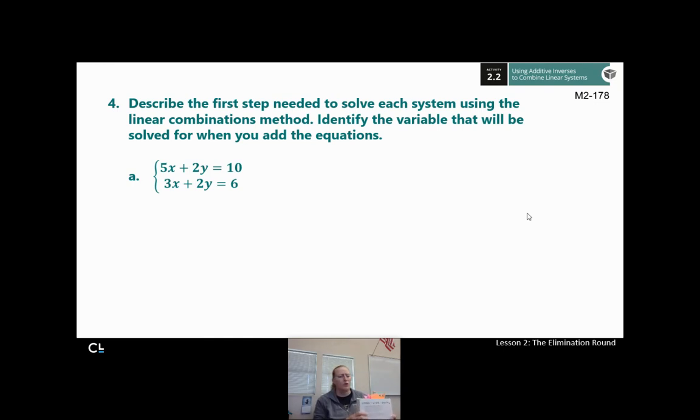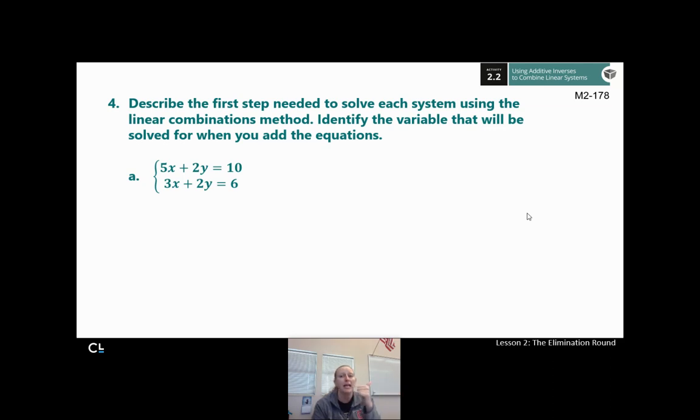So what I would like you to do, let's take a look at these problems. We're on number 4 over on page 178. There's actually a whole bunch of these problems, but we're not solving the whole problem. For A, B, and C, and again, I can only fit one at a time, can you just describe for me the first step? Remember, we're trying to get additive inverses by rewriting our equations, by multiplying an equation or both equations by something.